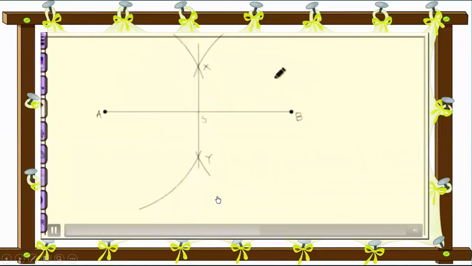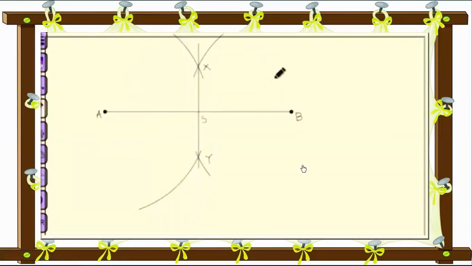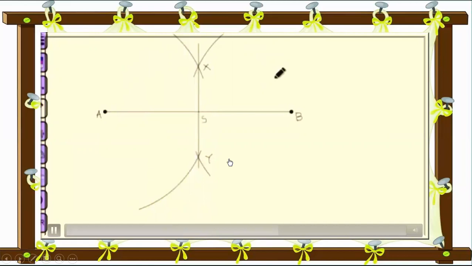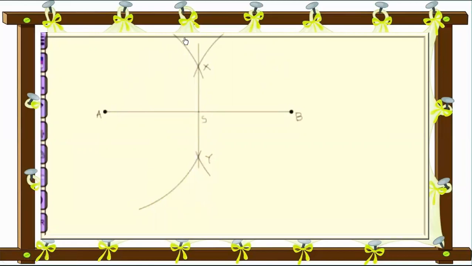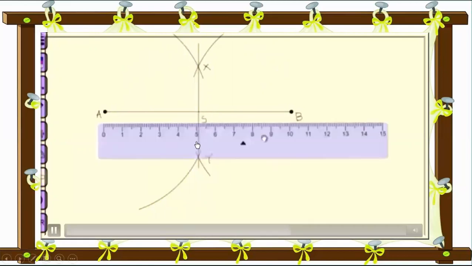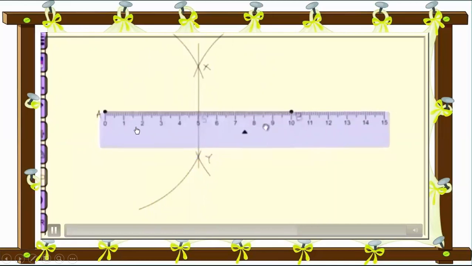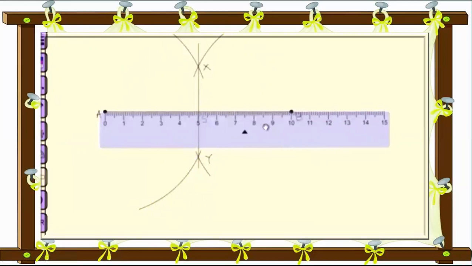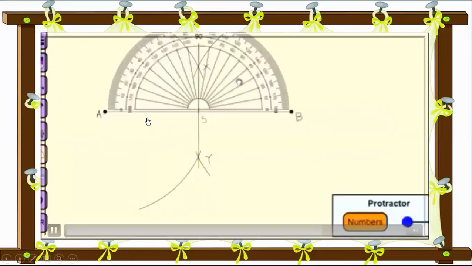Now join the two arcs and there is a perpendicular bisector which has been drawn. Now the point here is you can see this line segment is exactly in the middle. Though we opened the compass more than 5 centimeters, the distance from both sides is exactly 5 centimeters.